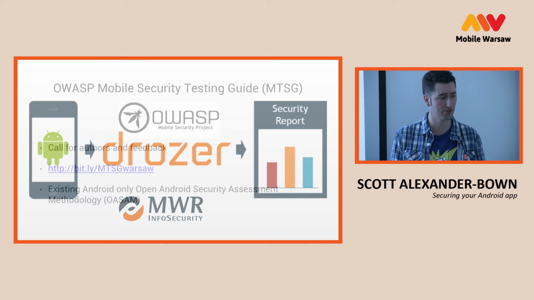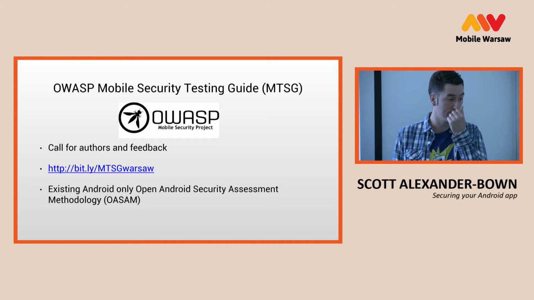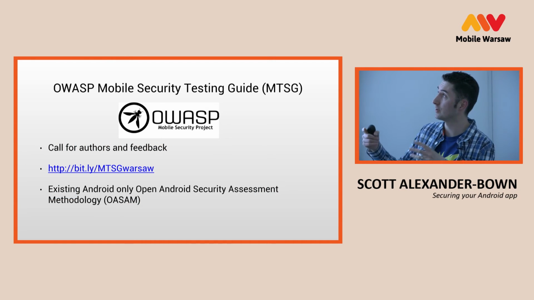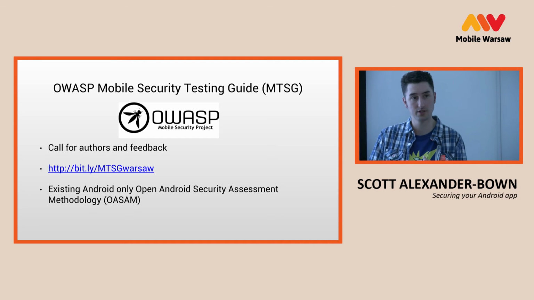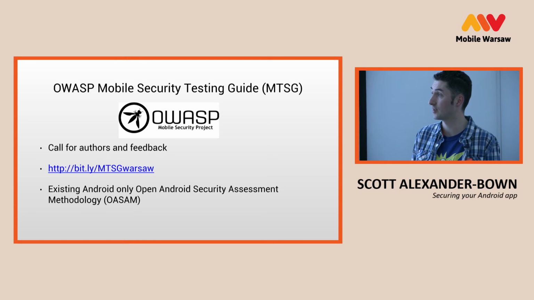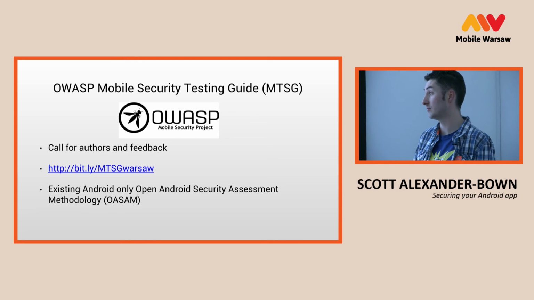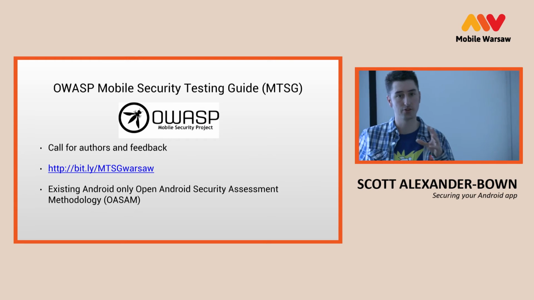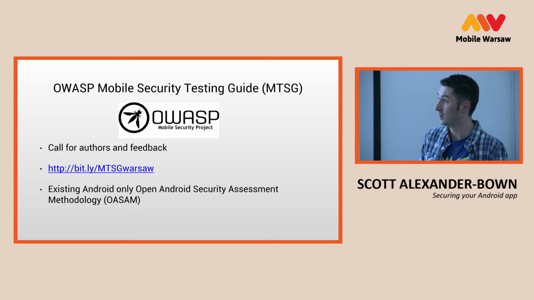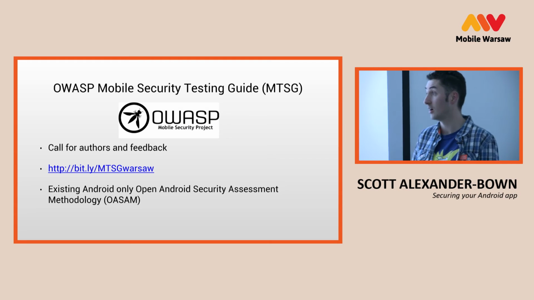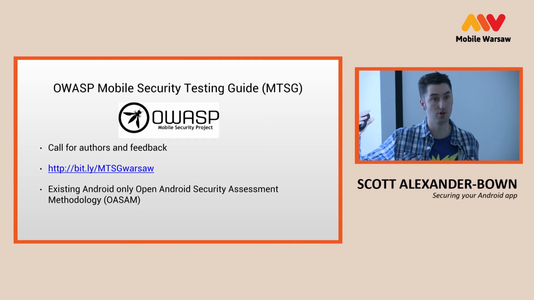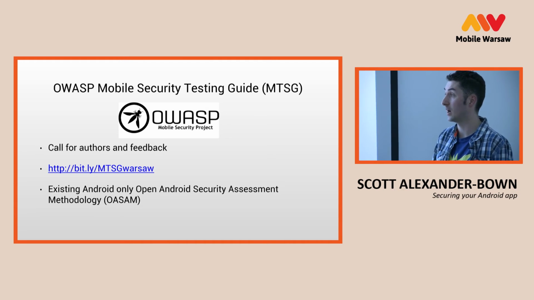And then on the testing front, there's actually something ongoing at the moment. There's a movement to try and bring together a standardized guide for mobile security testing. This is for Android and iOS, trying to standardize them across the board. So it's like saying, okay, these are the top 10 risks for mobile apps, these are all the tests that you need to run and how to do them.